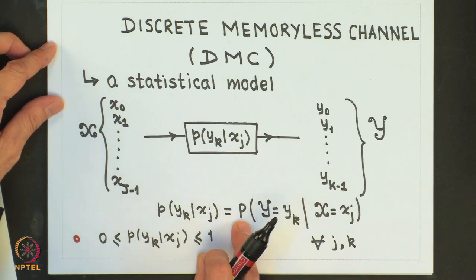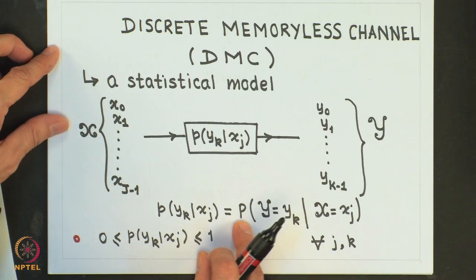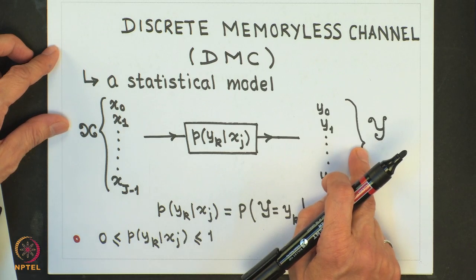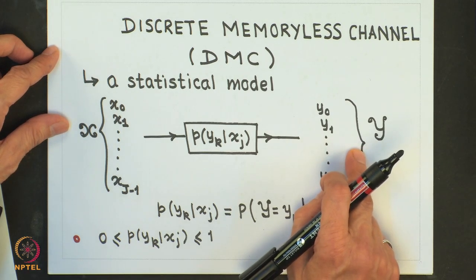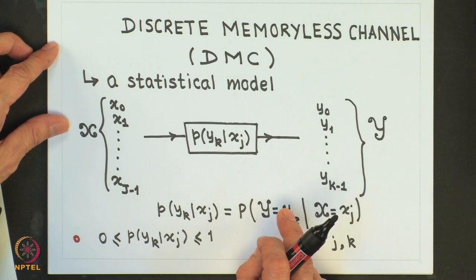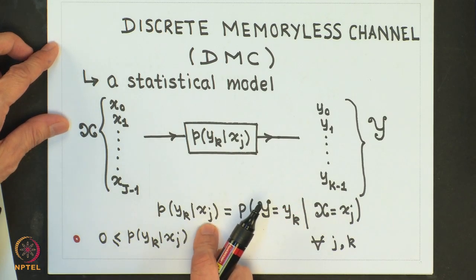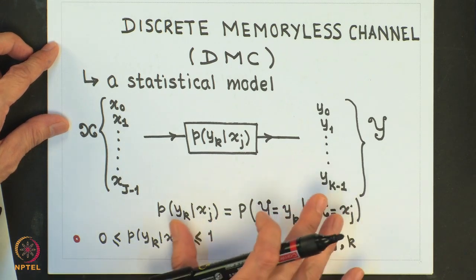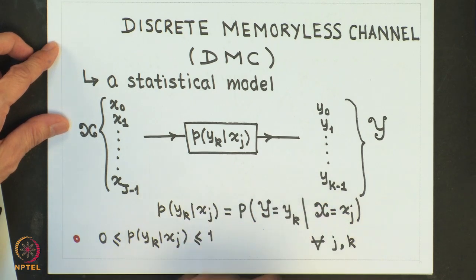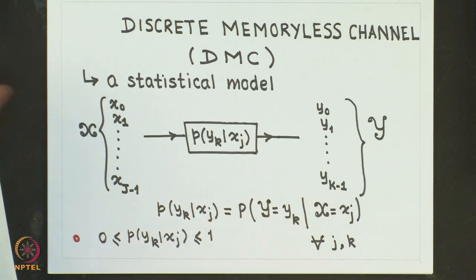Now, we say the channel is memoryless when the output of the channel at a particular time depends only on the input symbol at that time, correct. So, this is basically the definition of a memoryless channel. These are the conditional probabilities which get specified for a memoryless channel for all j and k, and by the law of probability this condition is always satisfied.